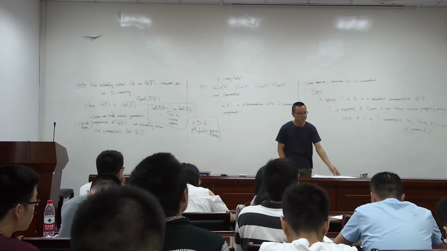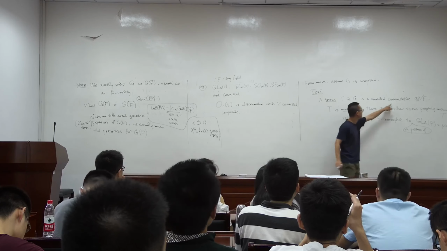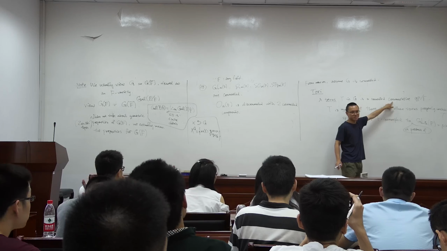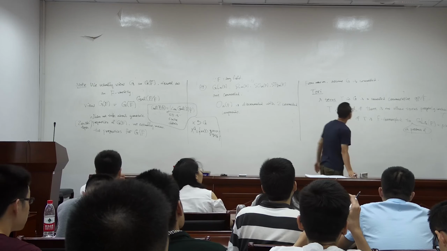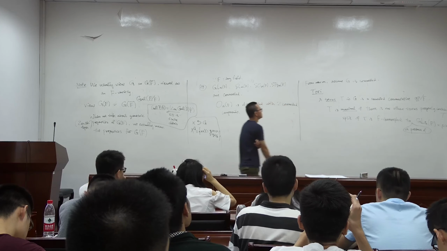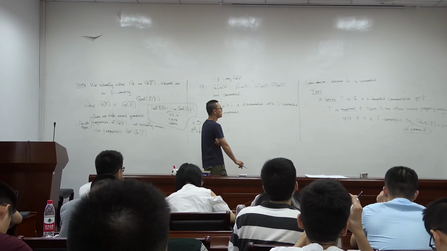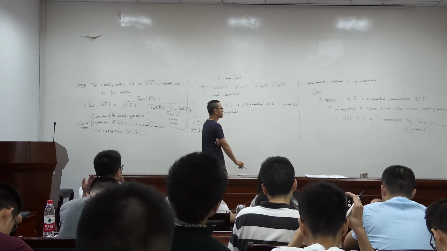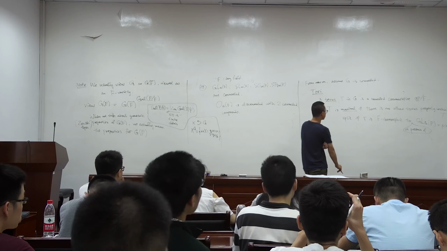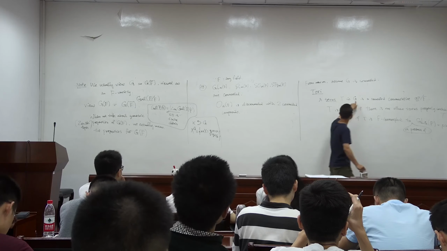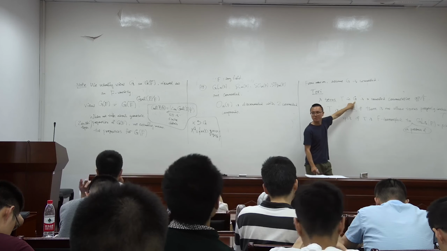There should be some semi-simple condition on T. Semi-simple, I think, is it implied by this? Multiplicative, the additive group GA? No, it's a product.